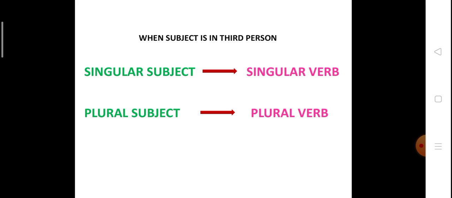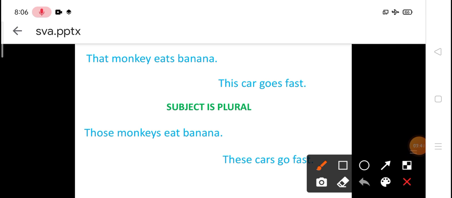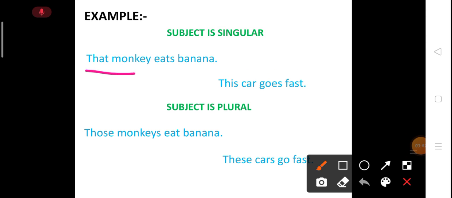And this only goes with the third person. Now, for example, that monkey eats banana. Here monkey is singular and eats is also singular.